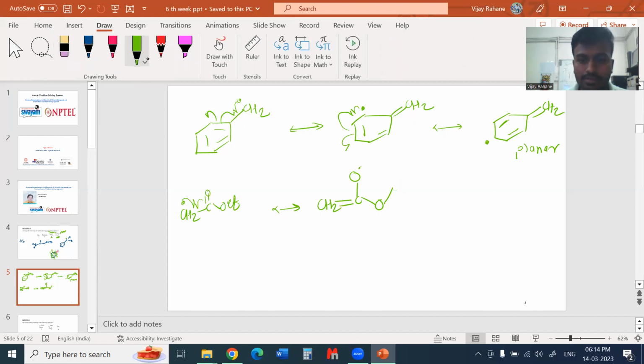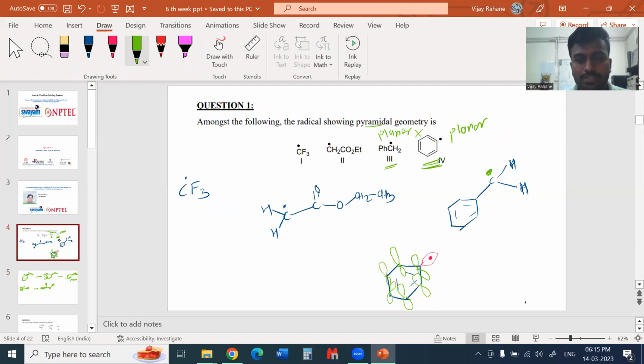You can also write it in this way. So this one is the radical, and it has stabilization. If you see the structure of this radical also, it is not a pyramidal geometry, so this option is also eliminated.